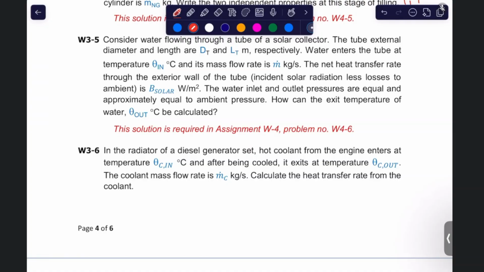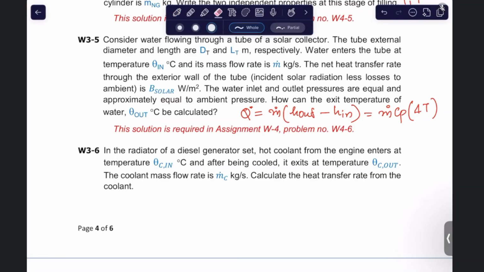So the energy balance, we are only considering the heat transfer: q dot equals m dot times h of outlet minus h of inlet. If pressure is constant, then delta h can be written as cp delta t, t out minus t in, or theta out minus theta in.